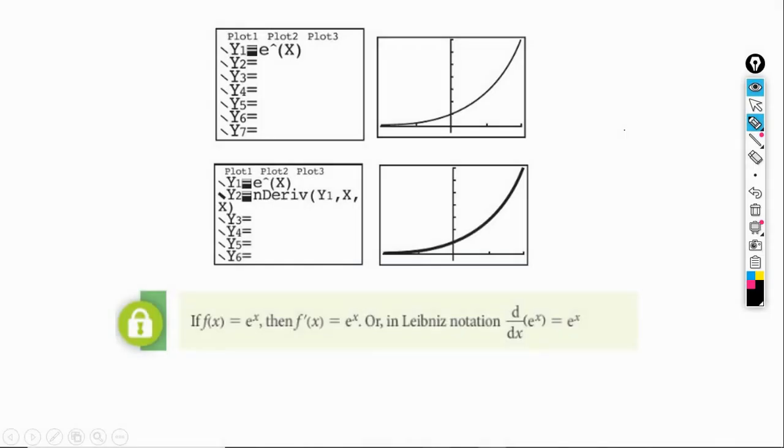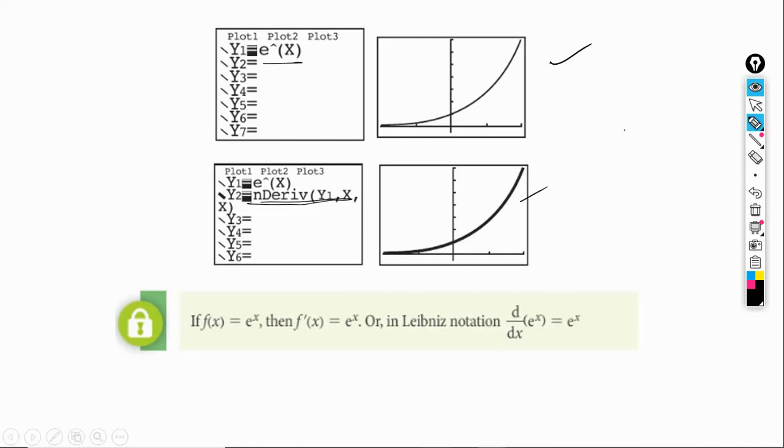So what is the derivative of an exponential function? First, we're going to look at the case where the base is Euler's number. Notice something very interesting: if you have e to the power of x, it turns out that the derivative is exactly the same. You can see here where e to the power of x is graphed, and in the second picture, both functions are graphed, e to the power of x and its derivative.